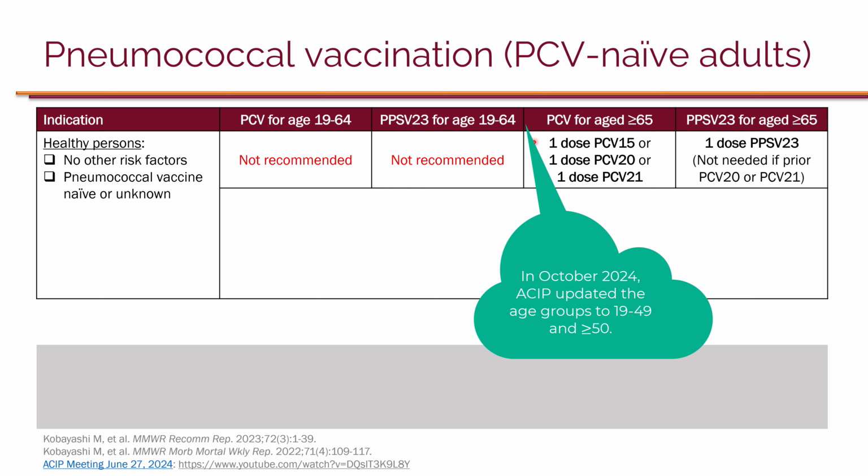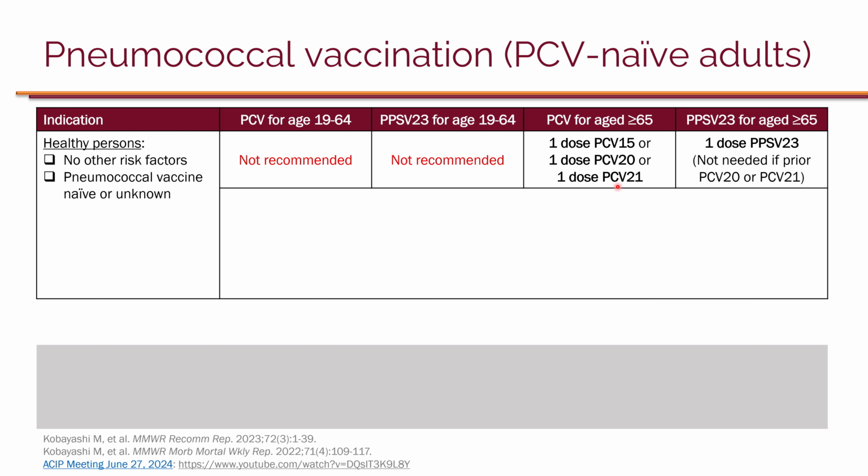Now, once these people turn 65, they do need to get vaccination against pneumococcal disease because of the high risk of mortality when it comes to pneumonia and other invasive pneumococcal disease. So they can essentially get any of these PCVs, but it's important to get a PCV. Remember, PCVs are more effective than PPSV.